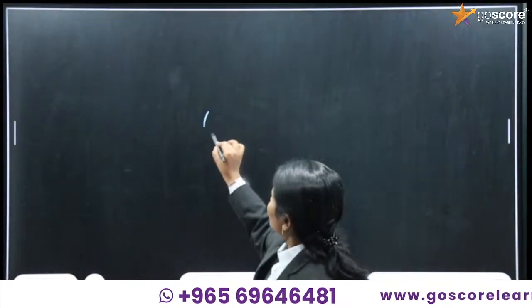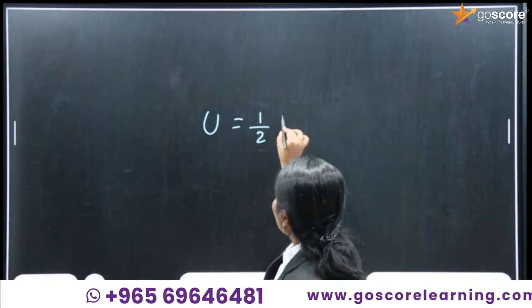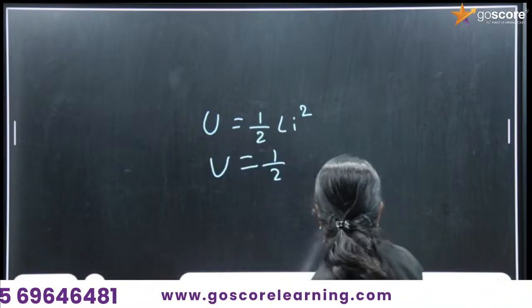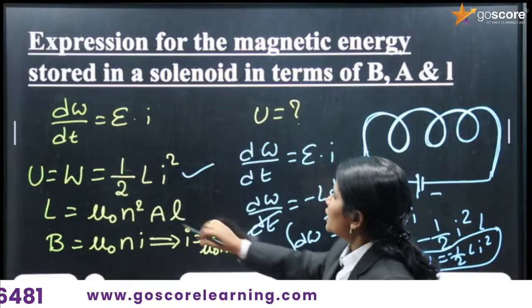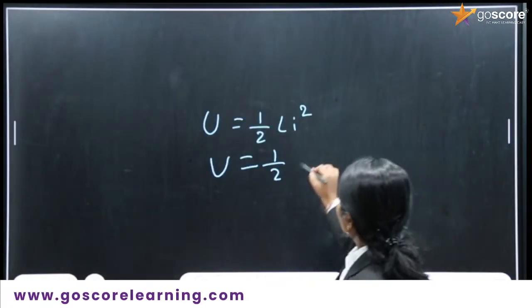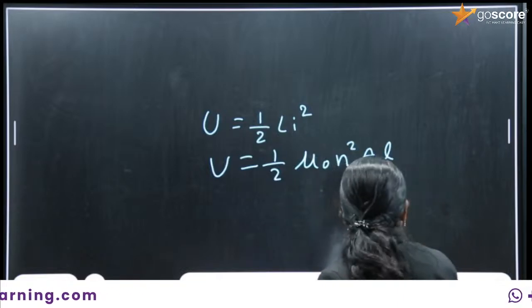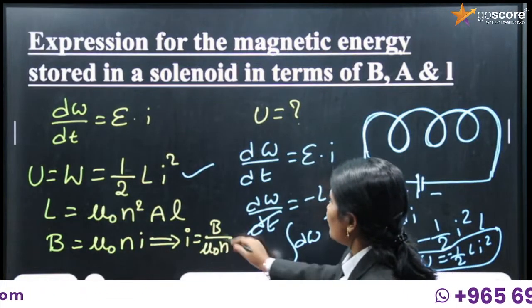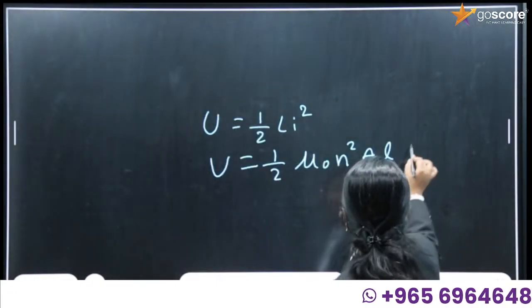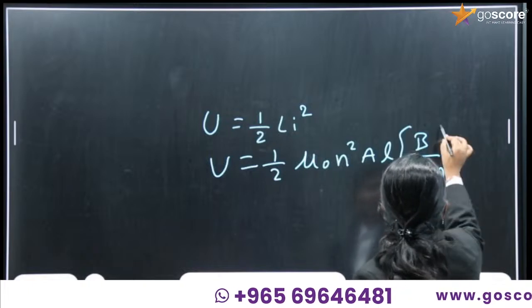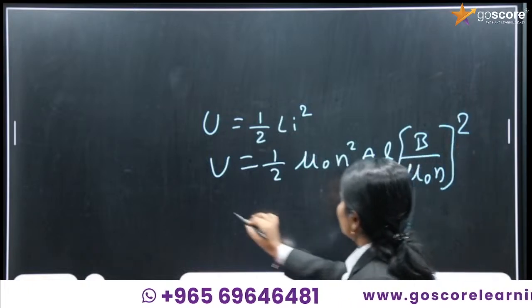U is equal to half L I square. U is equal to half into, what is L? Mu naught N square A L. What is I? B by mu naught N, and it is I square.